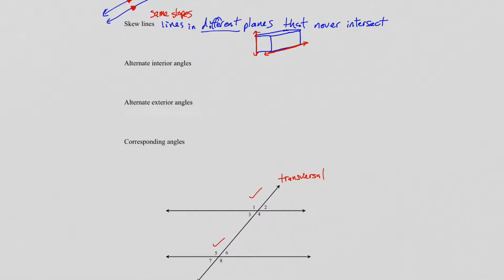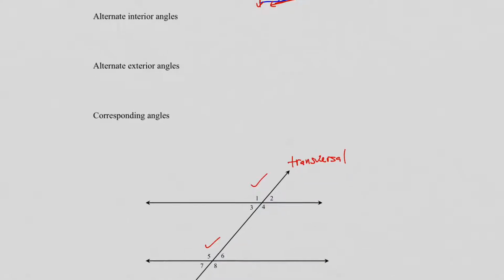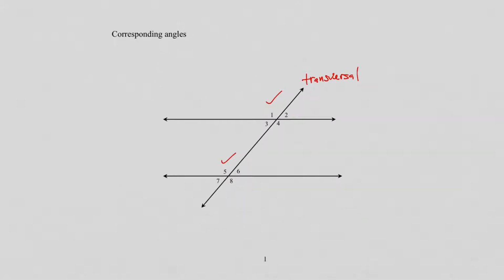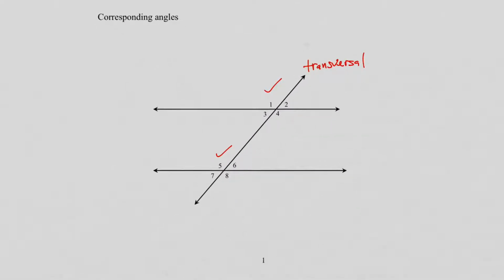Okay, so alternate interior angles, just as the name suggests, let's take a look at the difference between interior and exterior. So the angles I'm referring to when we say interior, okay, that's going to be in the interior of the parallel lines.